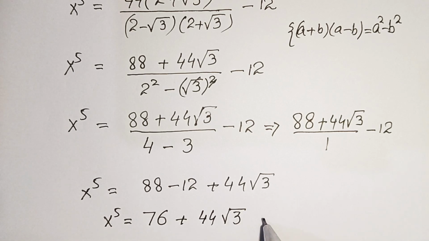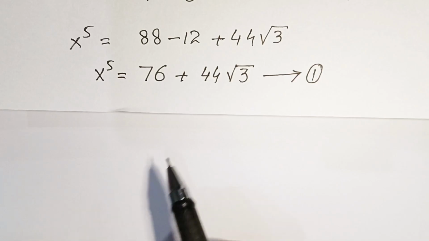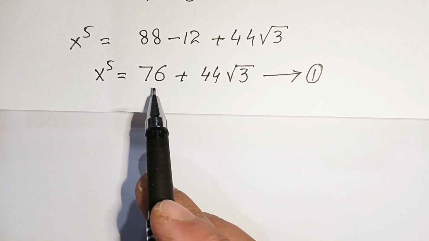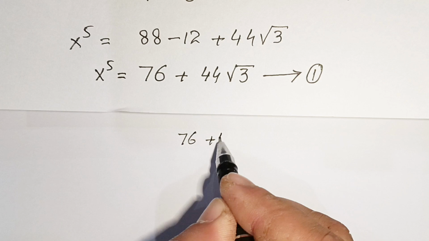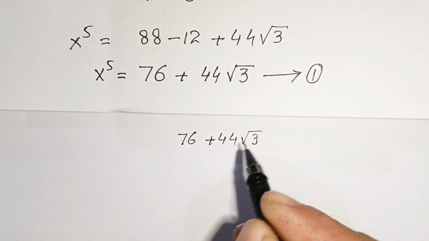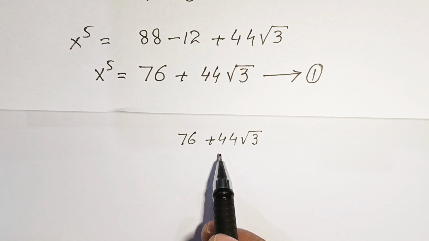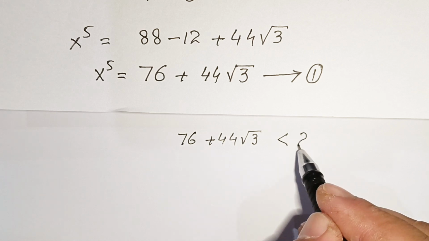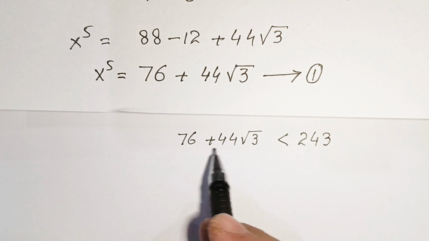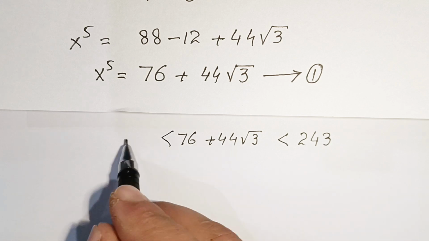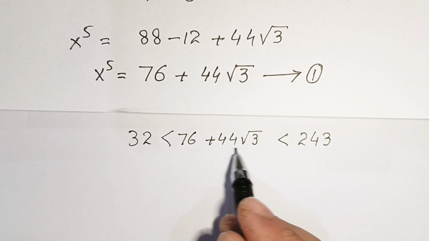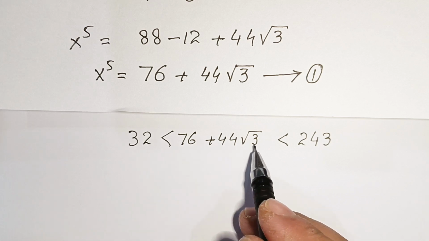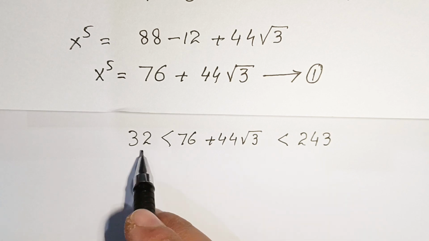So let us consider this as our equation number 1, which is actually the value of x to the power 5. So we see that the right hand side of this equation, 76 plus 44 times square root of 3, when we solve it, we get a value which is less than 243 and greater than 32.